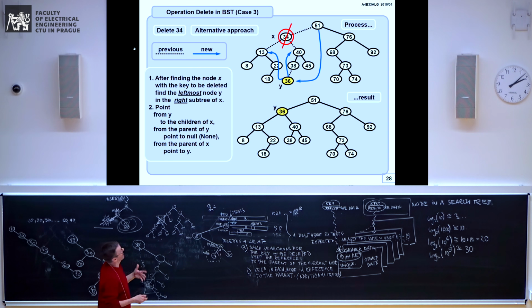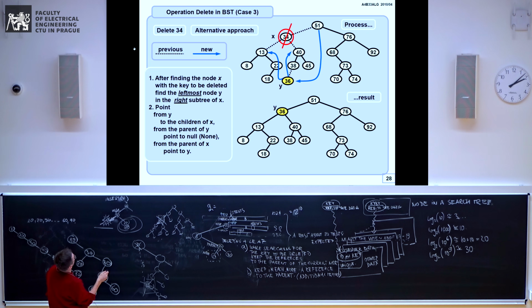So in that case, you can do the same manipulations with the nodes only. The keys remain in the nodes, and we remove this whole node 34 with its key. It will disappear from the tree, and now we reset all other references so that the whole node of 36 will take the role which the node containing 34 originally had.